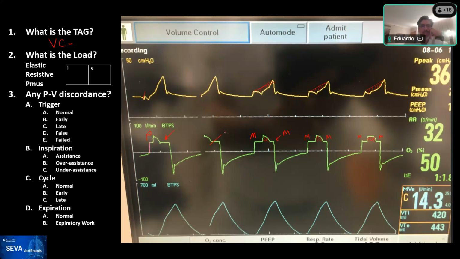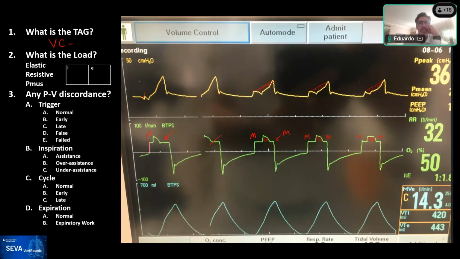So this is a great comment, Vlad. When we think about the breath sequence, you said very elegantly that if you look at this, it would look like CMV, right? And to do that, I always like to do what you were saying, which is to look at each one of the breaths and start by saying this one was triggered by the patient.